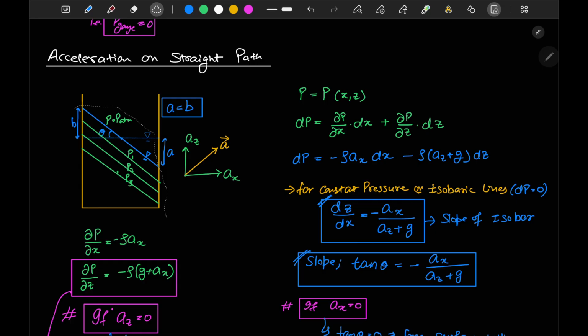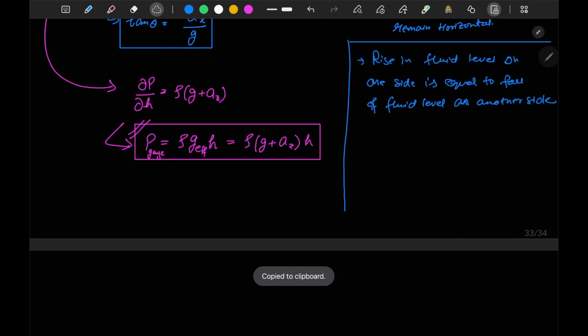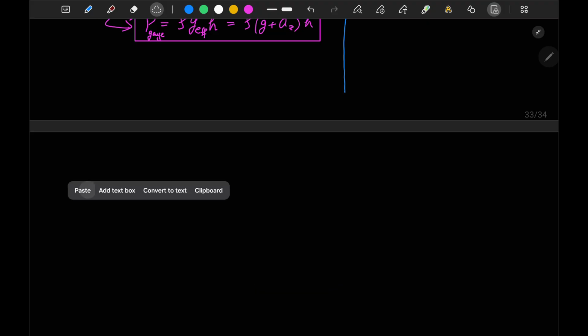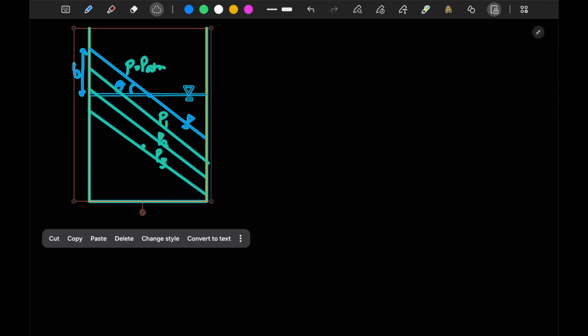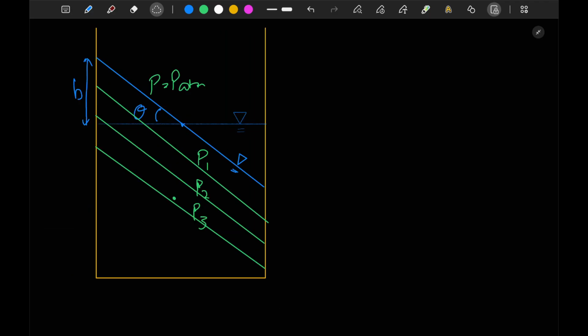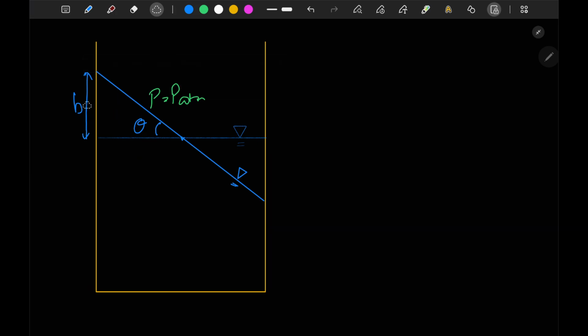So in this part let me tell you how the pressure is distributed. In this figure only I would mention the pressure distribution. First let's remove these lines and also this line. Okay, so this is your actual case.